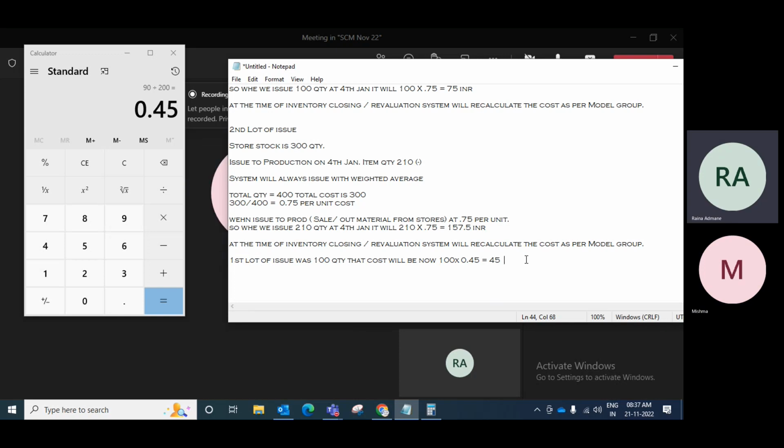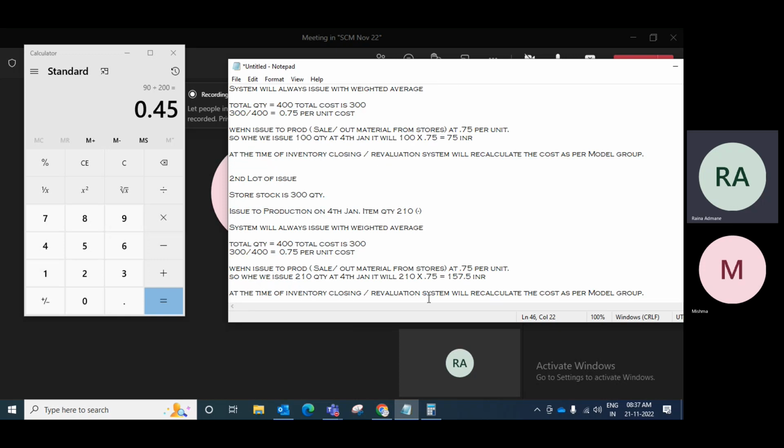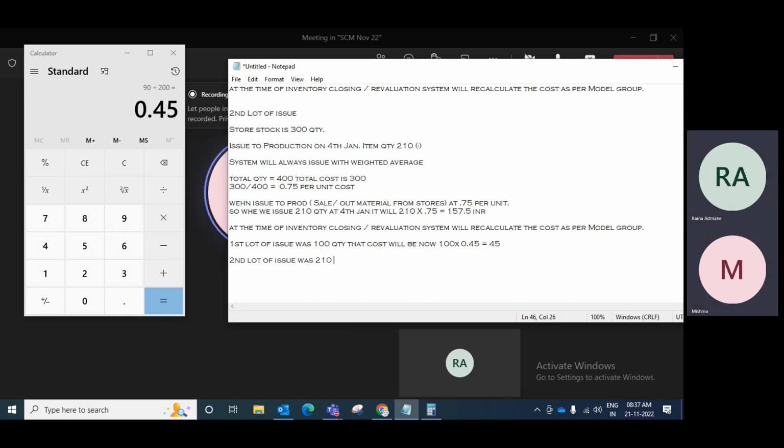Now what will happen to the second lot? Second lot of issue was how much? Second lot is 210, okay? 210 quantity. Now how much was available?